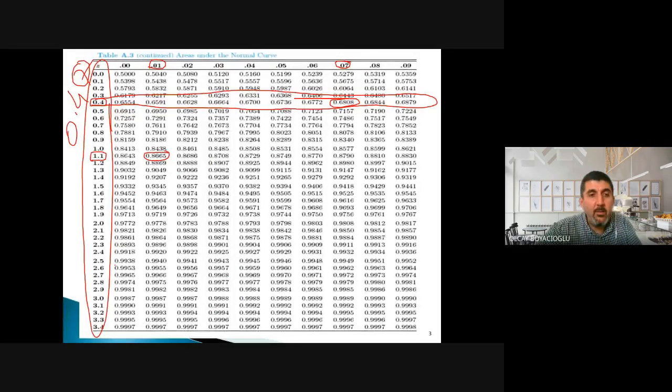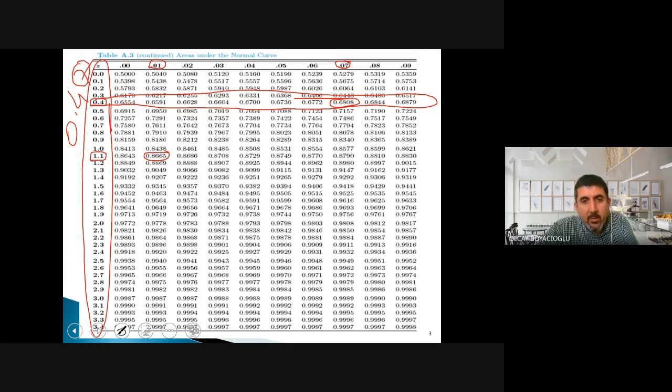Of course, I have to use the table backwards, because now I need to look at the entire table to find 0.09 and then find the z value based on that. Okay, let me check here.